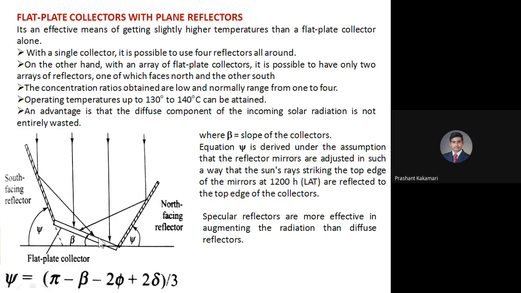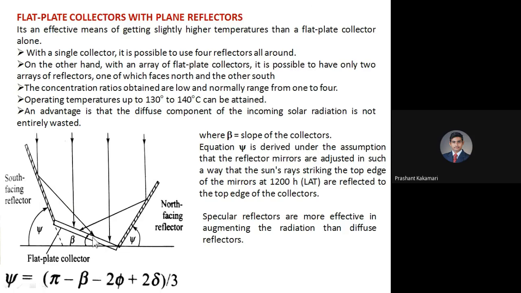The collector is always tilted in some direction: since the sun moves from east to west, in the northern hemisphere the tilt will be towards the south, and in the southern hemisphere it will be tilted towards the north. So the tilt angle is decided depending upon the sun path.